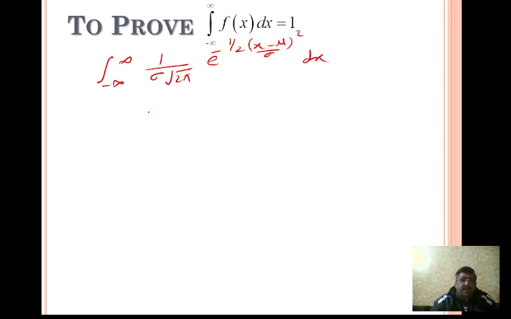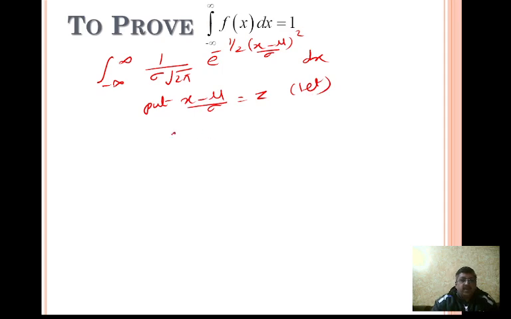To prove this one, we mathematics students always understand that when something looks unusual, we put it equal to some transformation. So the integration by substitution method says that we can put x minus mu upon sigma equal to, let's say, z, right?